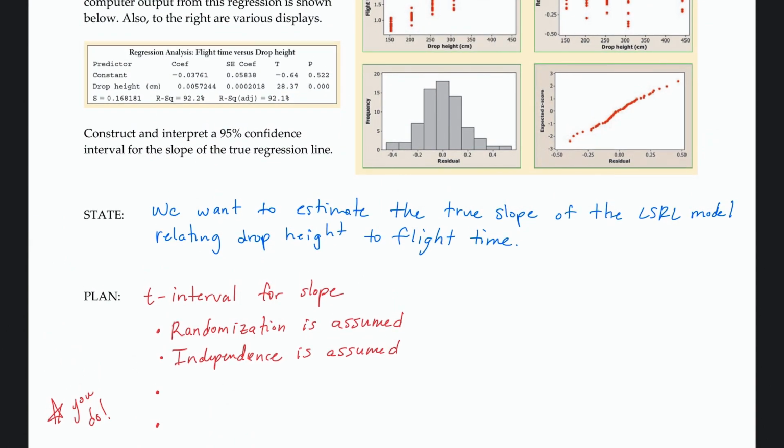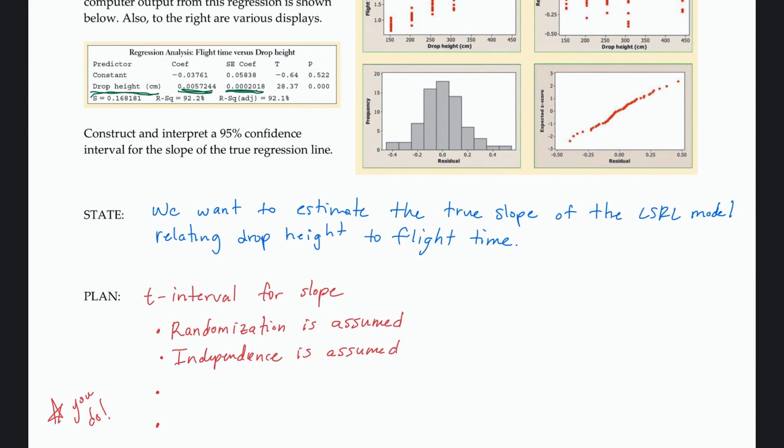Up here, we can see what our observed slope from our regression line is, as well as the standard error of our slope. See if you can tell which one is which. So hopefully you said that we're looking at this column right here. Drop height is our explanatory variable, and that's the slope, the coefficient, and that is our standard error.